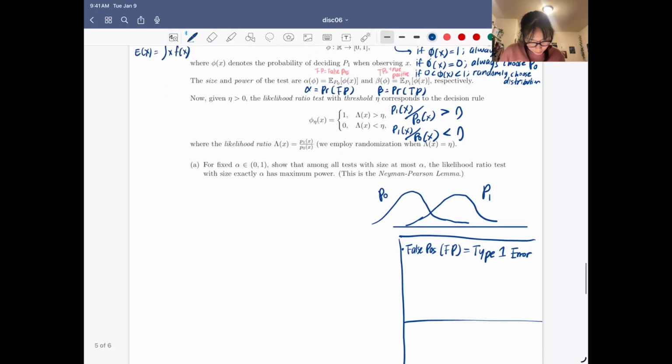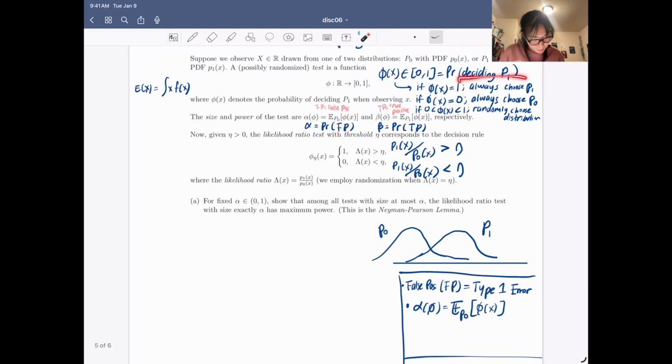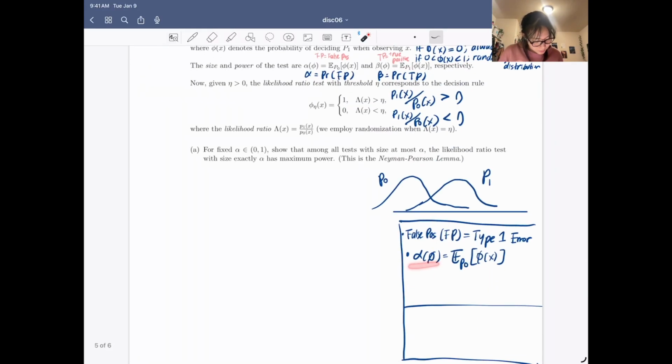And we also have that the size of phi is equivalent to the expectation under P0 of phi of x. Basically, phi of x is the probability of deciding P1, so this size is the expectation of the probability of deciding P1 given we actually got our value from the P0 distribution. And so this is equal to the size.